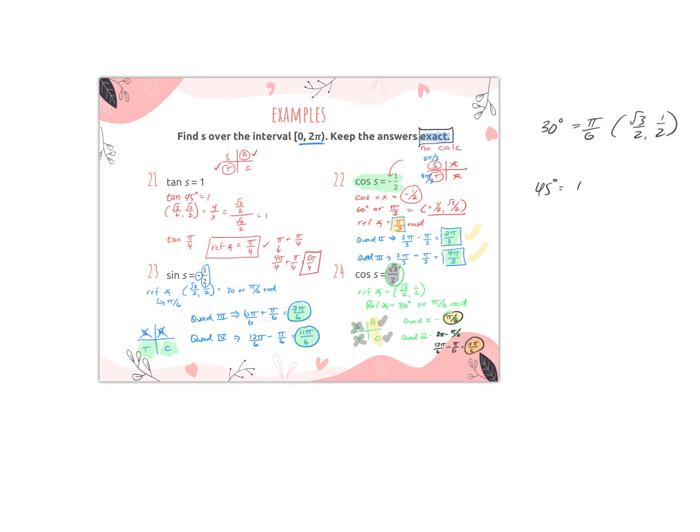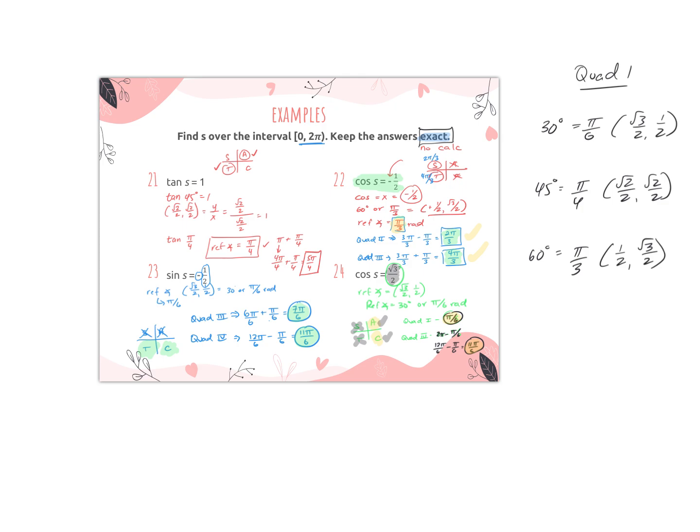45 degrees is pi over 4, and it's radical 2 over 2, radical 2 over 2. These are all the ones in quadrant 1. And 60 degrees is pi over 3, the x value is a half, and the y value is radical 3 over 2. And once you know these, then you know.